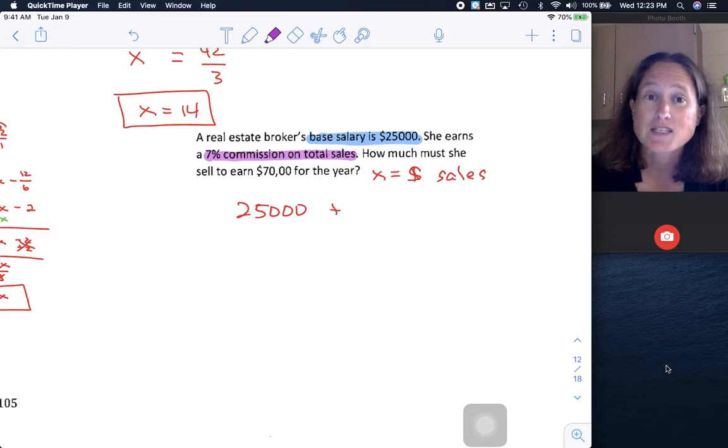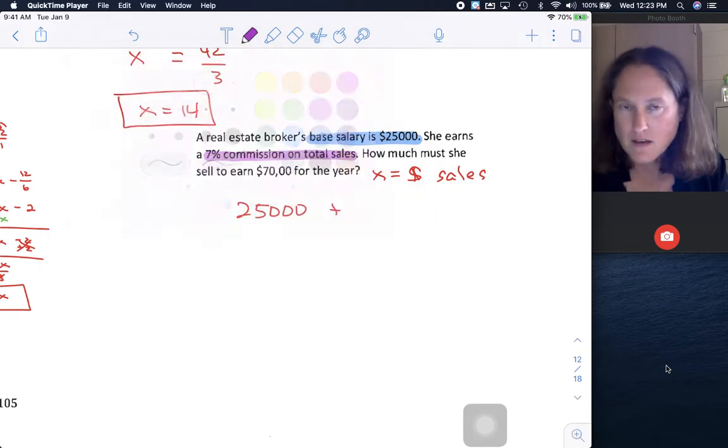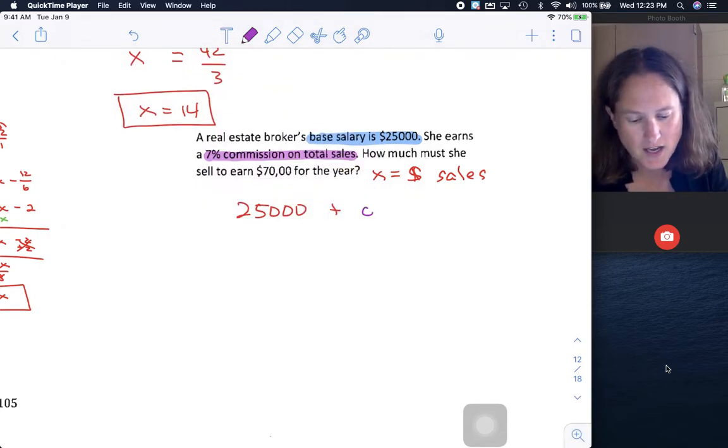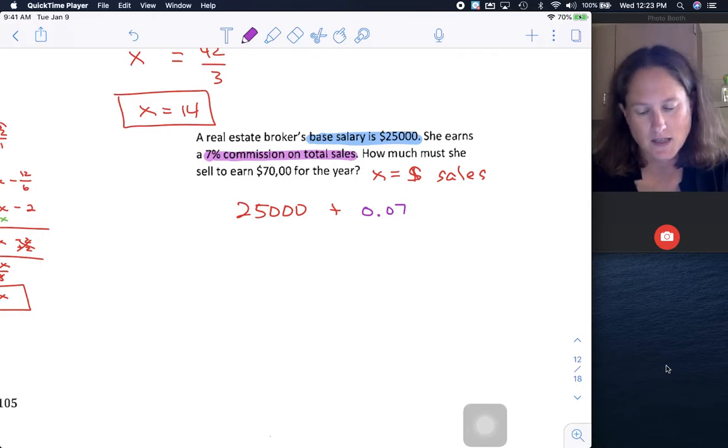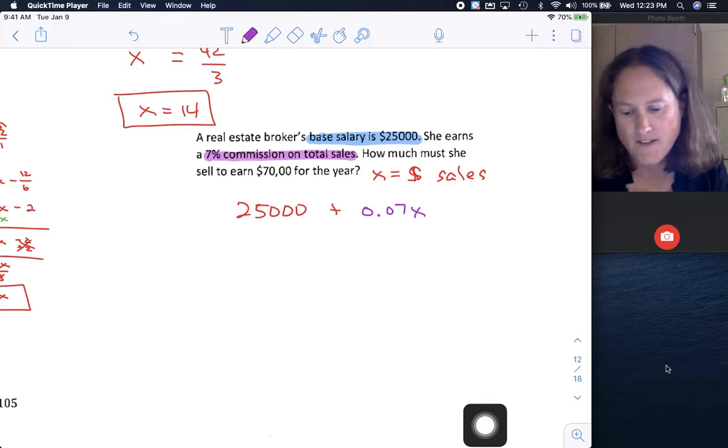She has to take whatever she sells, and that's what we don't know, times 7%, and add that to her base salary. To represent that, we can't work with percents, so we make it 0.07, a decimal. Remember, move the decimal 2 spots to the left. And then x, because that is our unknown. That's what we're trying to find.